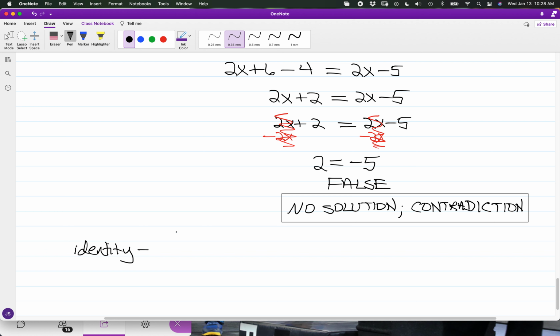And we have for an identity, okay, this is going to be an equation that would end up with an infinite number of solutions. And we can take just an example.